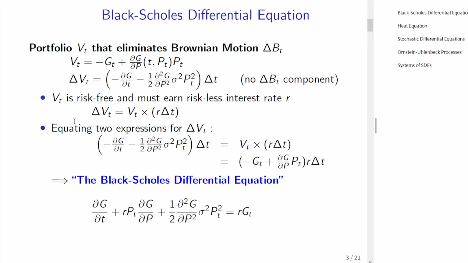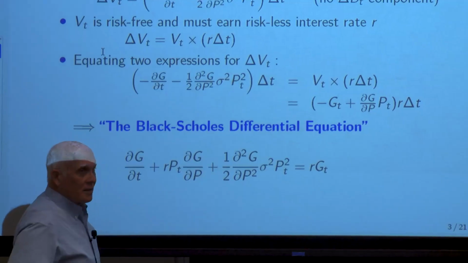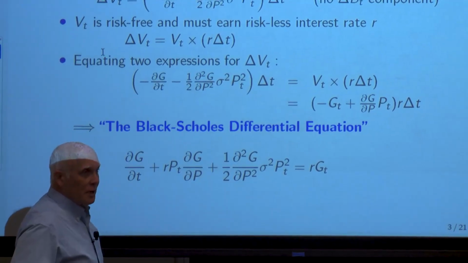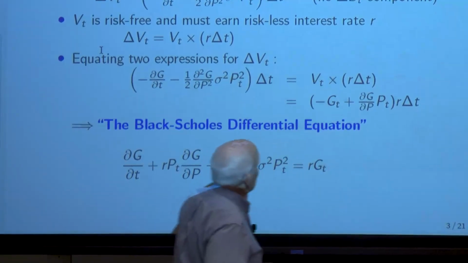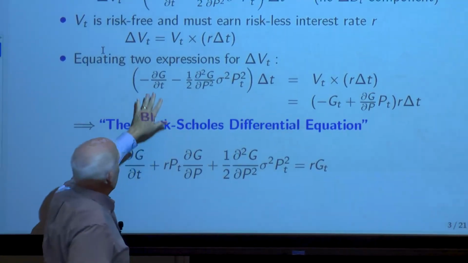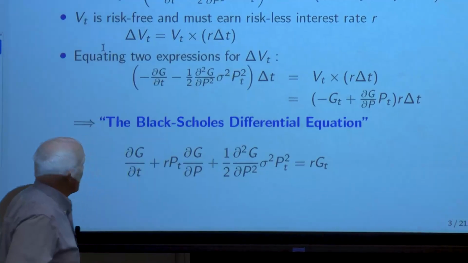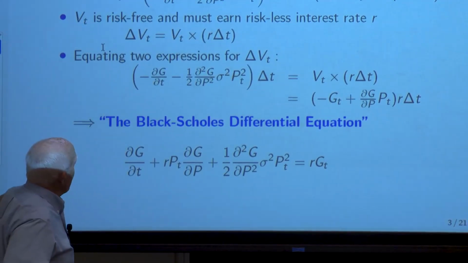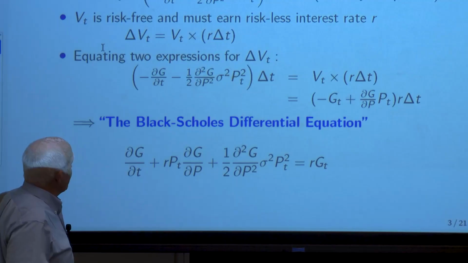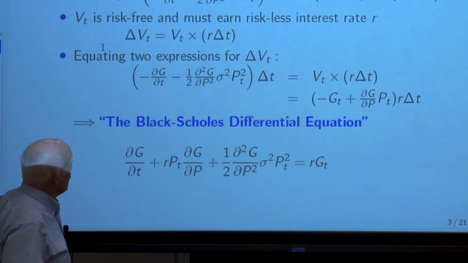And so what we can do then is equate the two expressions for what the increment in VT should be. If it's riskless, here's the right-hand side, and according to our Ito's formulas, the portfolio has an incremented value given by this factor of delta t.